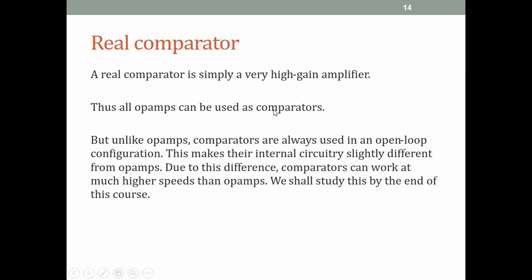And comparators cannot be used as op-amps, because if you put a comparator in a negative feedback loop, it will be unstable, and we'll see what unstable means by the end of this course. But other than that, in terms of gain, op-amps and comparators are both very high gain amplifiers.